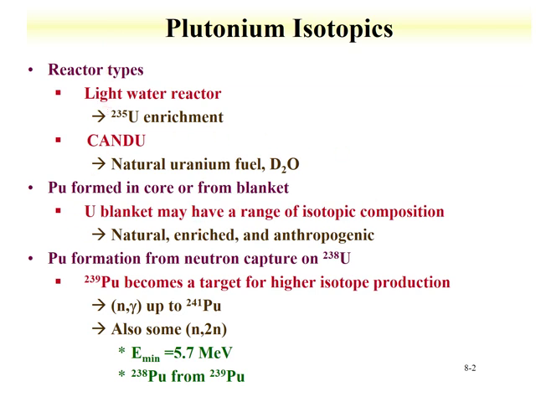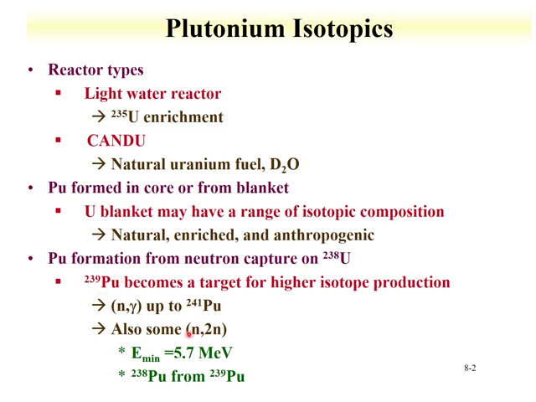And as we already discussed, plutonium-239 is formed from this neutron capture of uranium-238 that goes to uranium-239, neptunium-239, plutonium-239, and then the plutonium-239 can sit and become a target for the production of higher plutonium isotopes. So as plutonium-239 captures a neutron, it goes to plutonium-240. That can capture a neutron, go to plutonium-241.